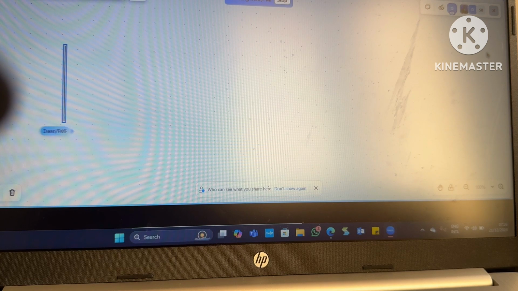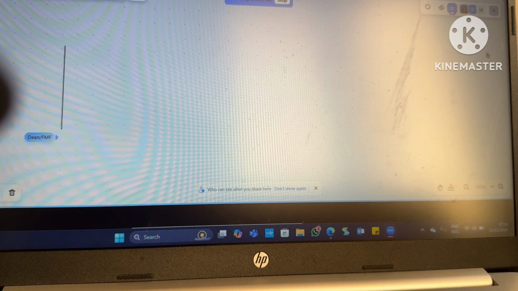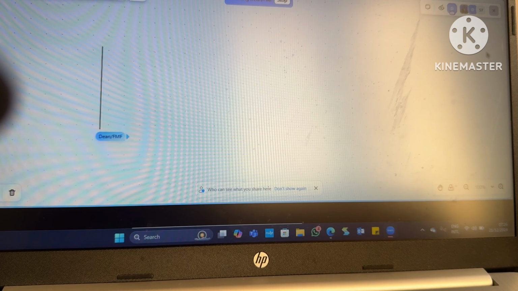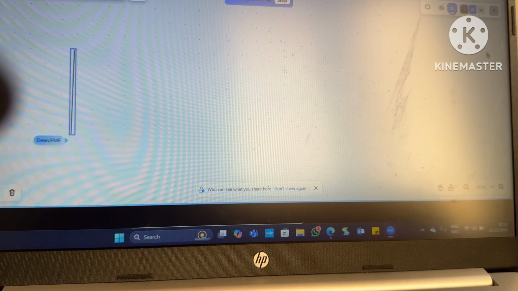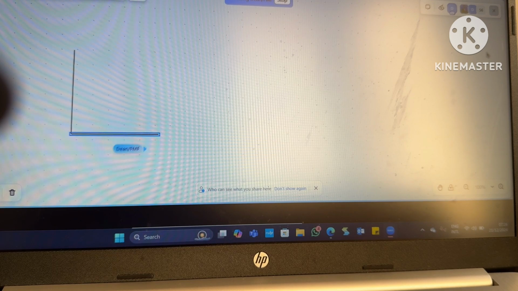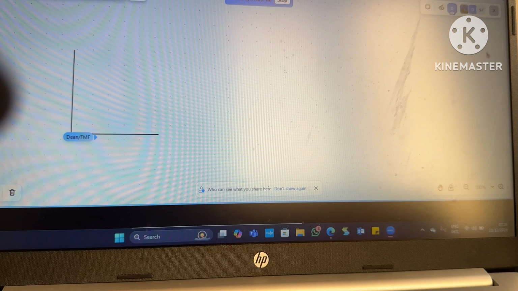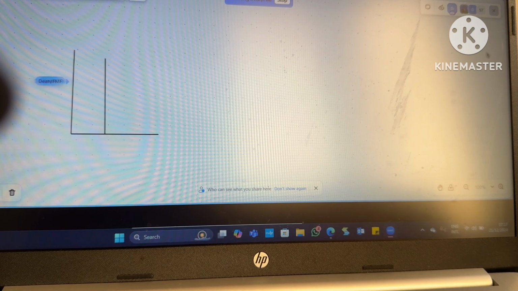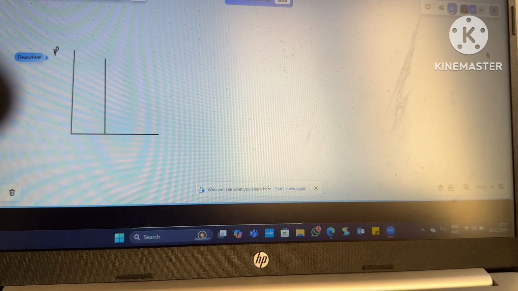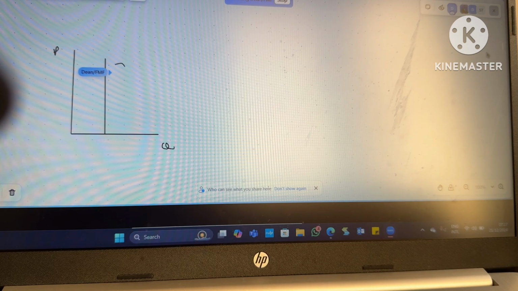Okay. What I want to write down here, if you have the demand curve like this, so this is the demand curve now. It's perfectly vertical, right? This is P, Q, this is the demand curve.